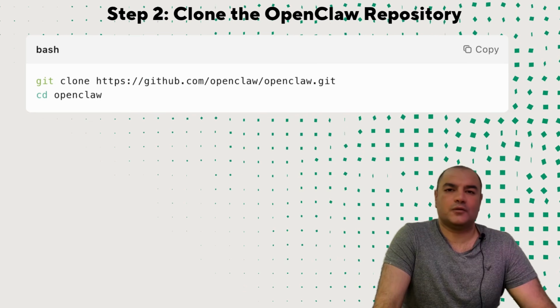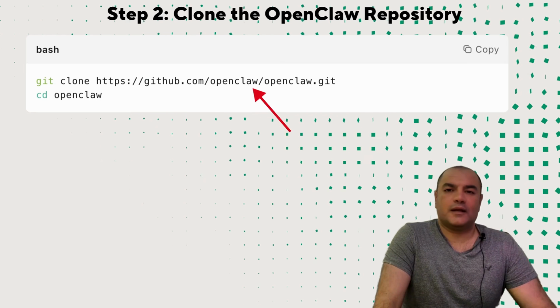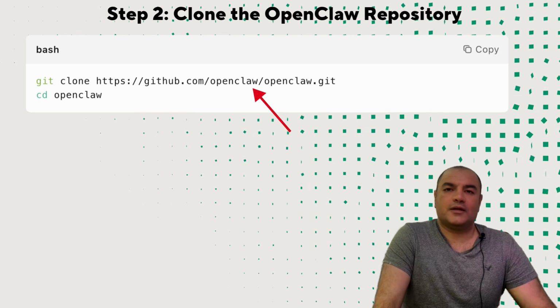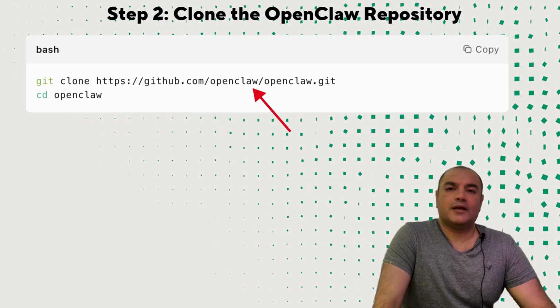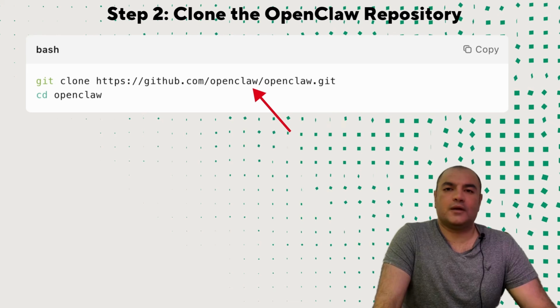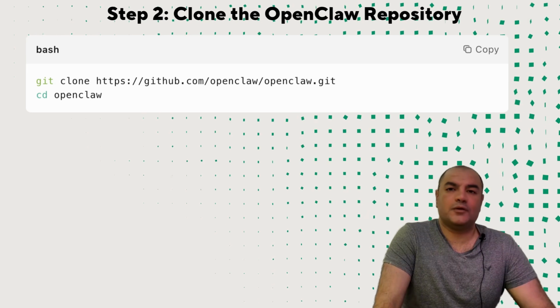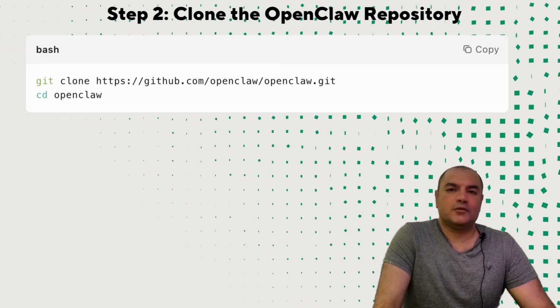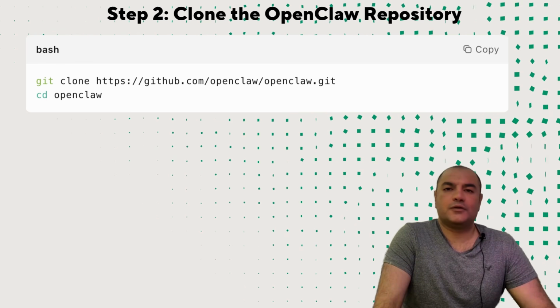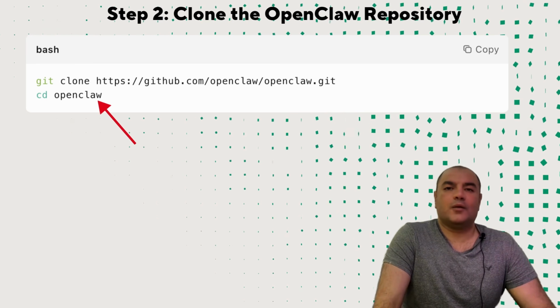In your terminal, run git clone https://github.com/openclaw/openclaw.git. If you don't have Git installed, Mac will prompt you to install it. On Linux, run sudo apt install git first. Then cd openclaw.